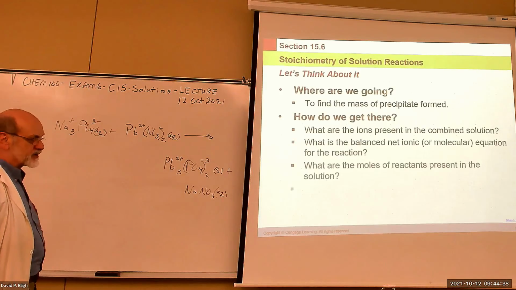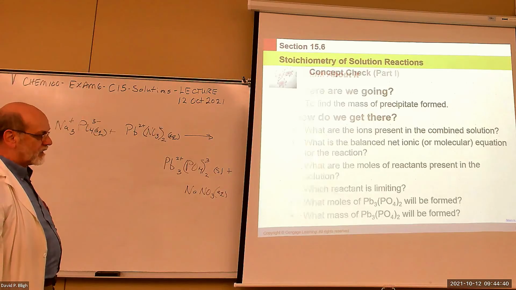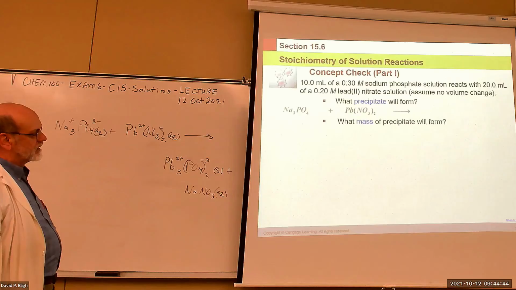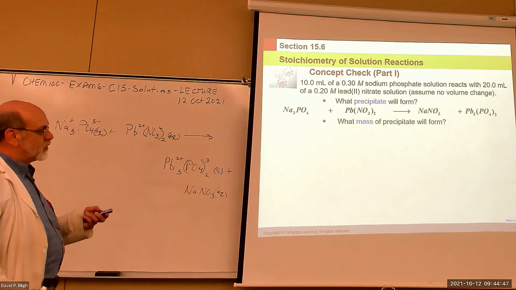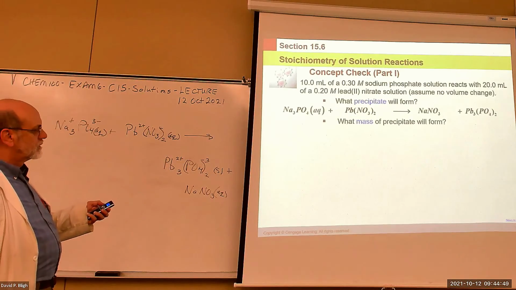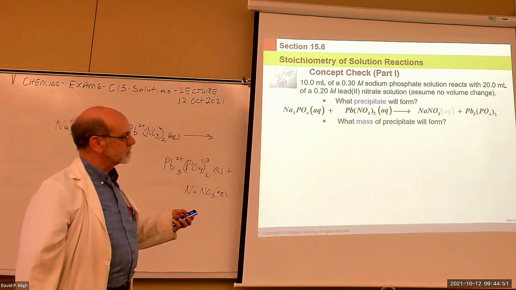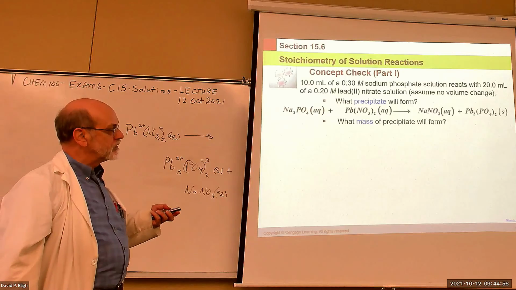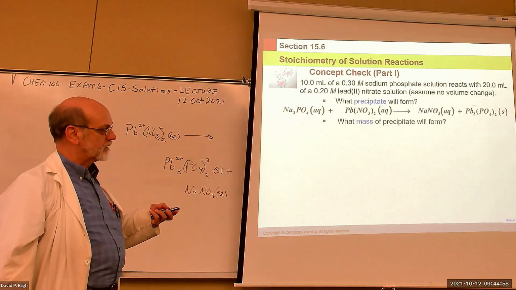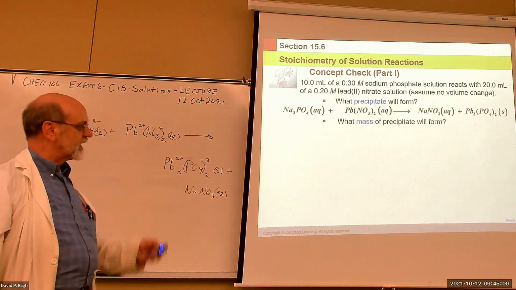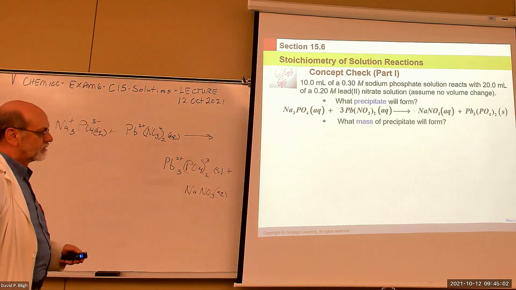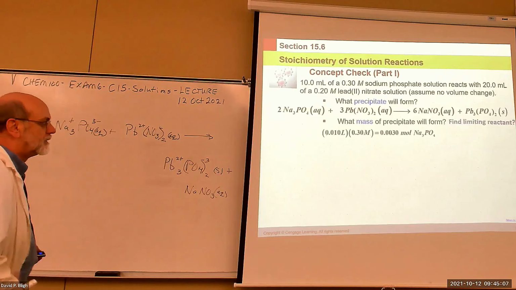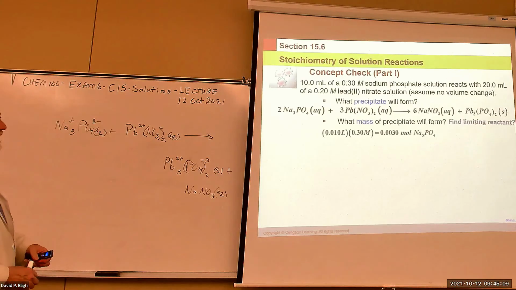Okay, we found out what the precipitate was. There we have aqueous sodium nitrate still in solution, and lead 2 phosphate is our solid. Then how do we find the mass? What we have to do next is balance the equation.